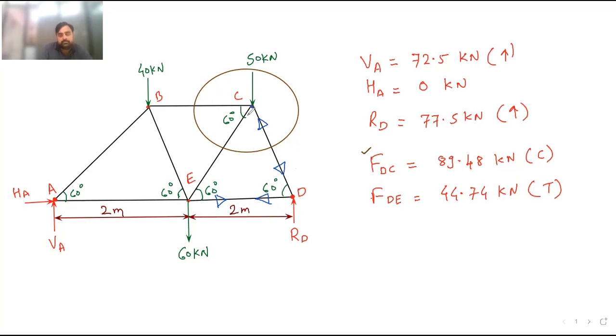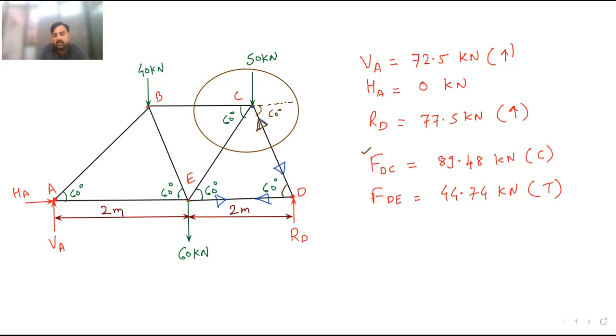So now here we can see this DC. Now you can see this arrow of DC. This arrow is towards the joint because it is compressive. And this angle is 60 degrees. This angle between these two members is 60 degrees. So we have to take this angle. What is this angle? These two angles are alternate angles, and these two are parallel lines. So this is also 60 degrees.